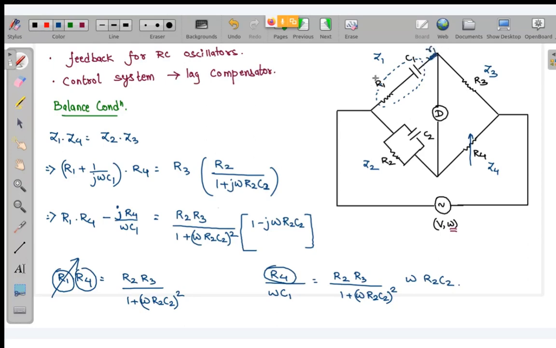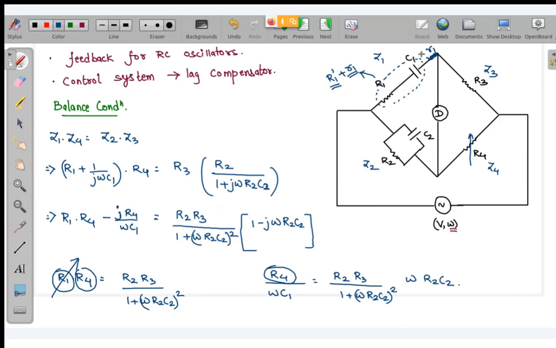So now you can assume this R1 to be R1 dash plus small r1, where R1 dash is the inbuilt resistance of this capacitance, and small r1 is the external resistance I have introduced in this arm. Tell me, is it clear now? Any doubt?